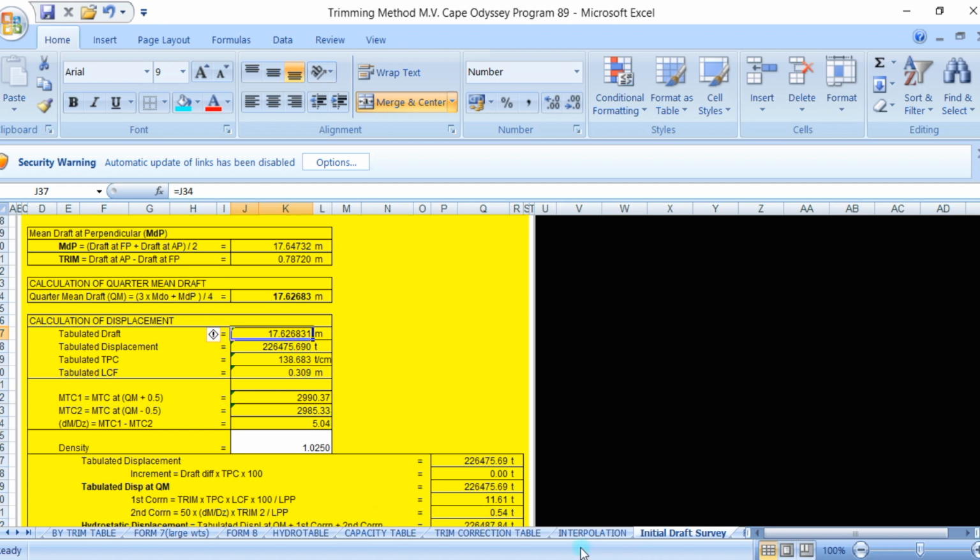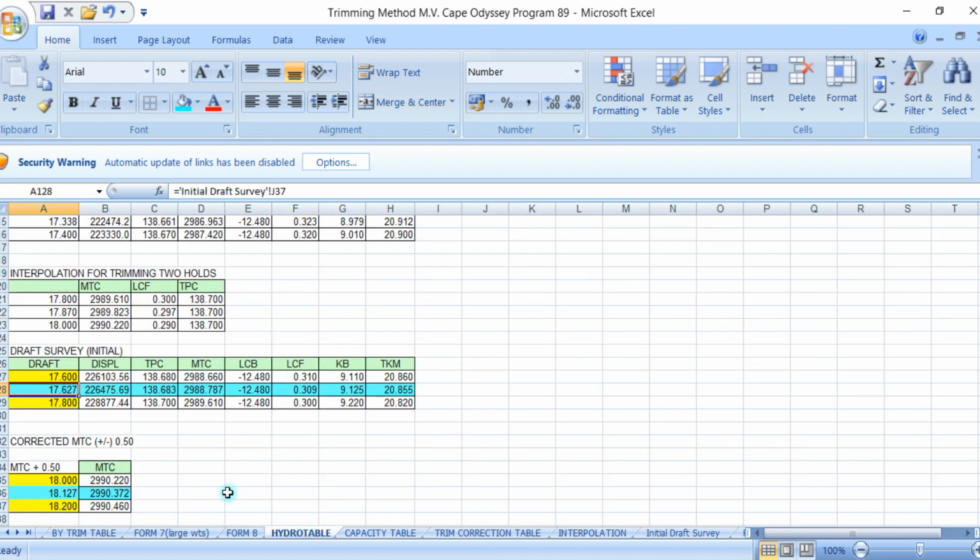You go to the hydrostatic table, and the same: you enter here the quarter mean drop, and you will get the displacement and TPC. Take out this one and put it back.